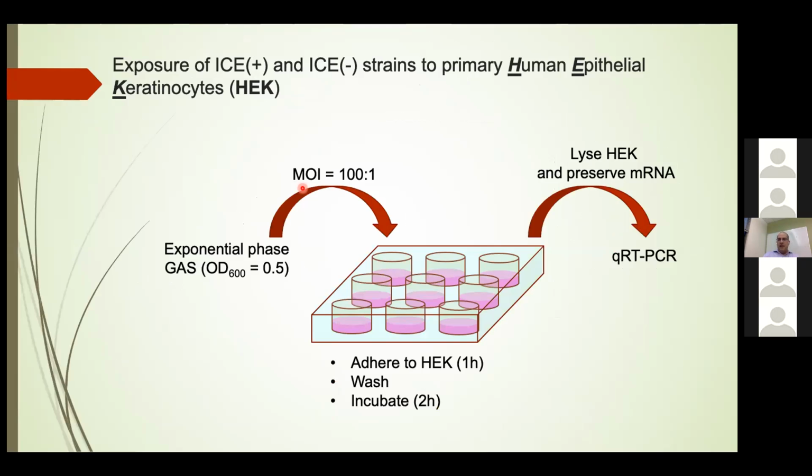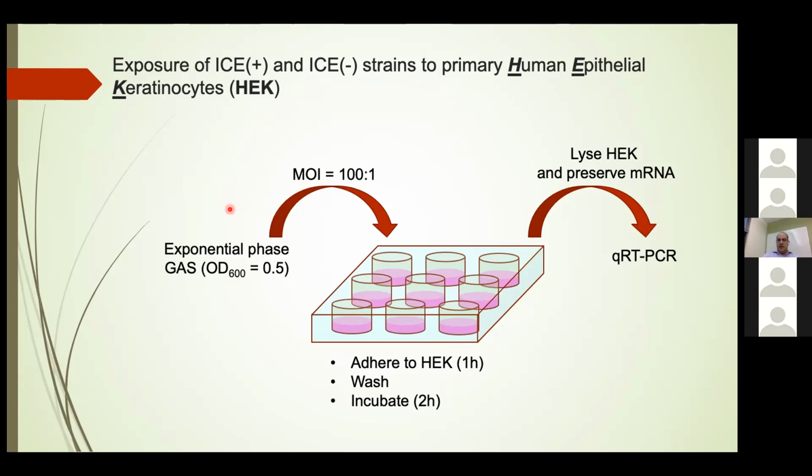So finally, we wanted to validate whether this differential gene expression we see in vitro occurs in vivo, and for that we used an ex vivo model of infection in which group A strep are exposed to human epithelial keratinocytes in culture. These are primary cells grown in culture. Bacteria grown to exponential phase are allowed to adhere to the keratinocytes.